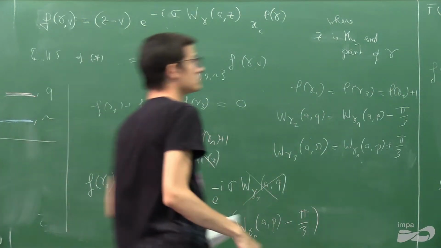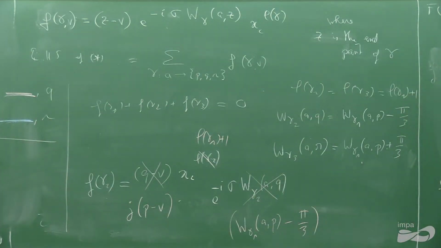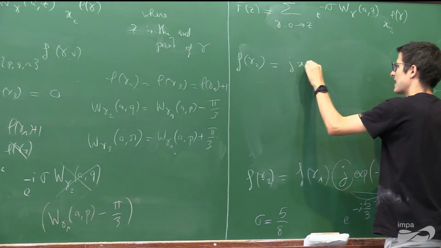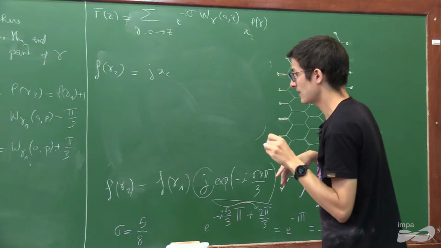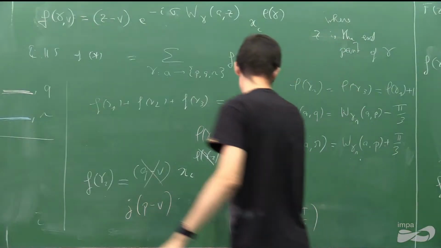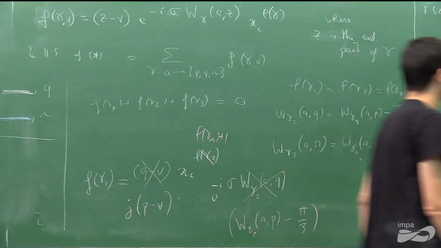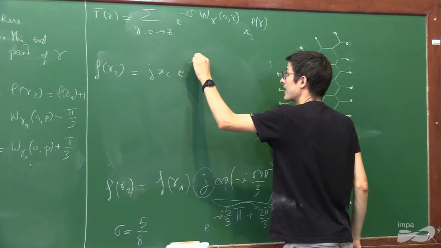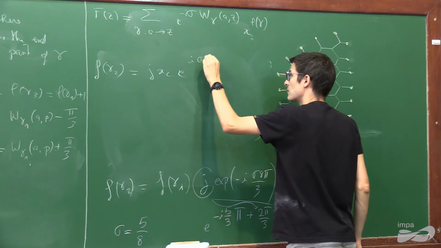So from this I get that f of gamma 2 is equal to j times xc times exponential i sigma pi over 3, since here I have a minus, but here I also have a minus.